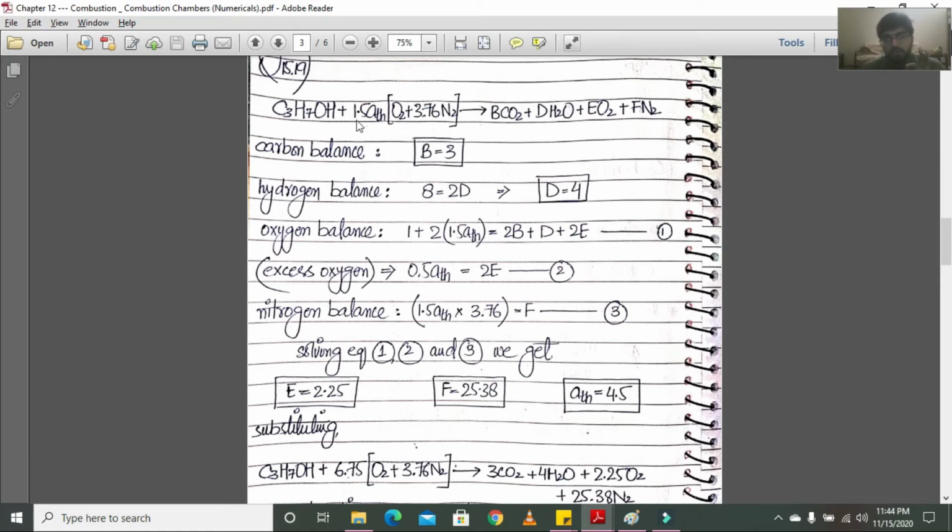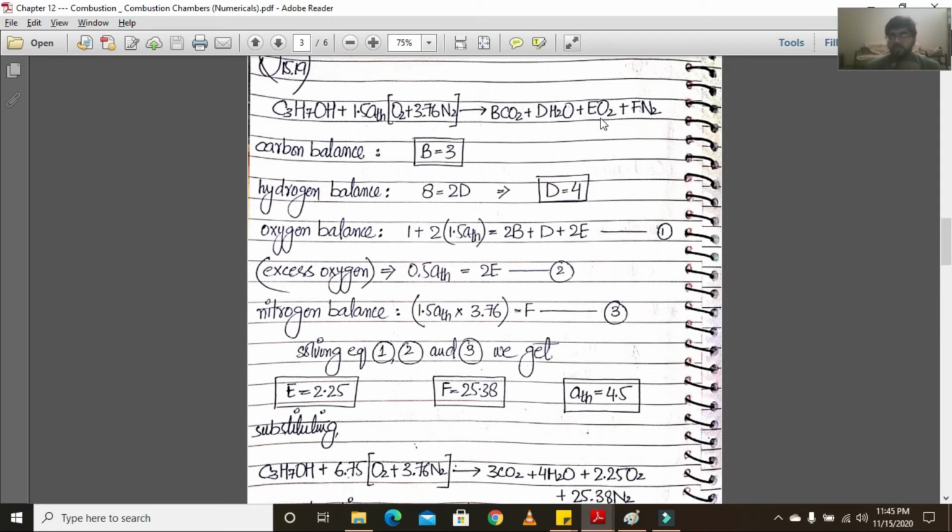So this 1 plus 1.7 times of ATH multiplied with the 2 on the left side, whereas on the right side, since we are balancing the oxygen atom, we cannot simply write B, we will write it as 2 times B plus B, since we have only 1 atom of oxygen in this water molecule, and here again we will write 2E instead of writing only E, since we are balancing the oxygen atom.